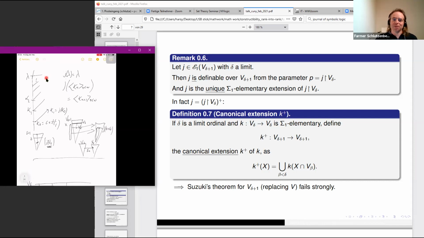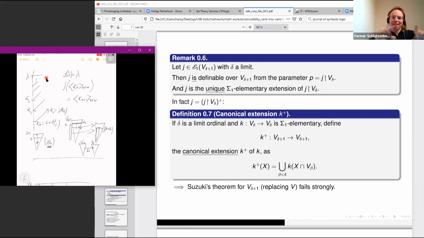Suppose V delta models ZFC and you take the ultrapower by a measure, and the ultrapower is transitive. Then it's an elementary embedding from V delta into the ultrapower. But the ultrapower is a transitive subclass of V delta itself, so that's a Sigma 0 elementary substructure.